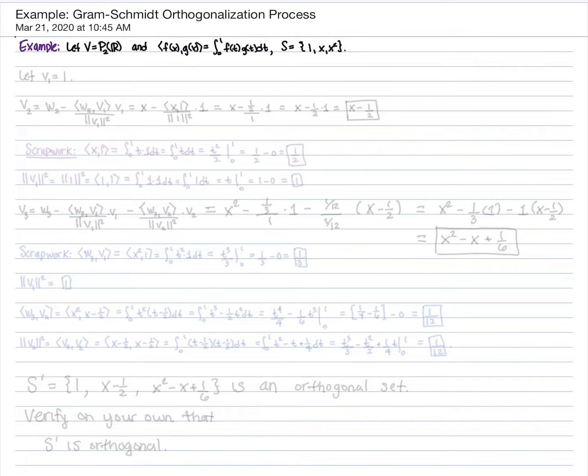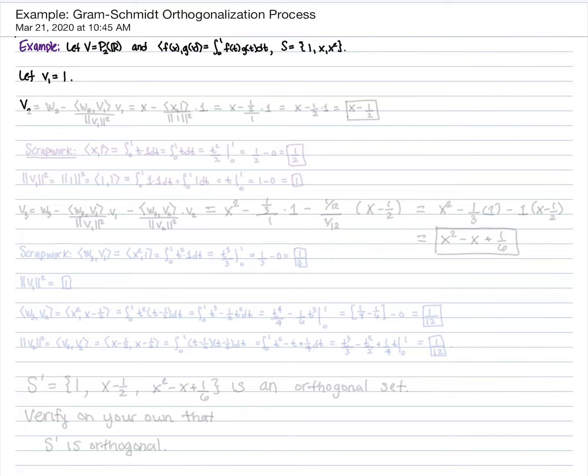A couple things to note. Since S is the standard basis, we already know our set is linearly independent, which is one of the conditions to do the Gram-Schmidt process. All right, so the algorithm tells us to let our first vector in our new set be just the first vector in our original set S, so V1 is going to be 1.